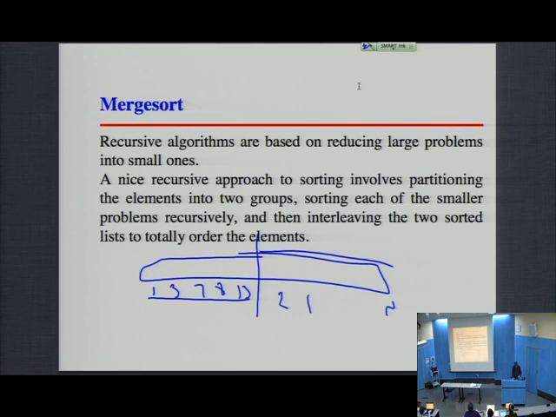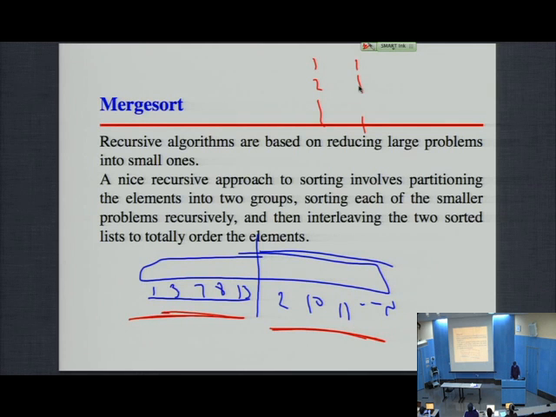They're going to be in decreasing order. Now I have n over 2 elements here and n over 2 elements here. Both are sorted. The claim is that, given that they're sorted, I can merge them in order n time by just looking at them.